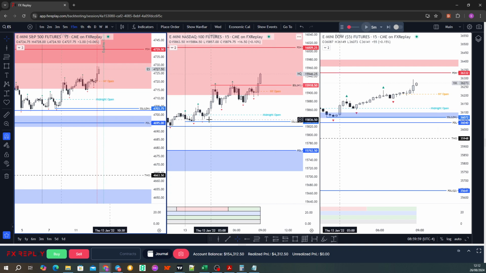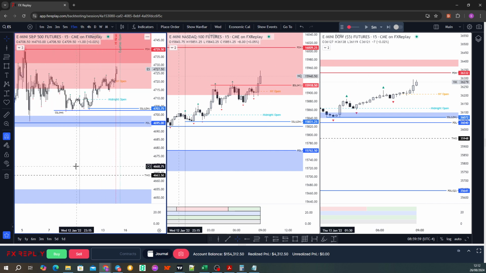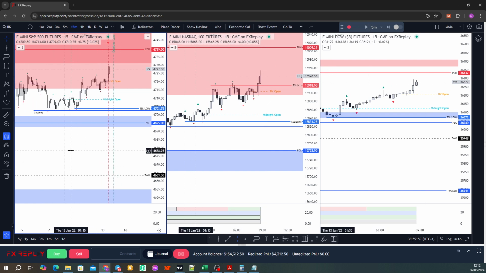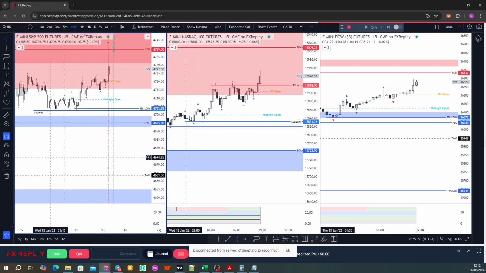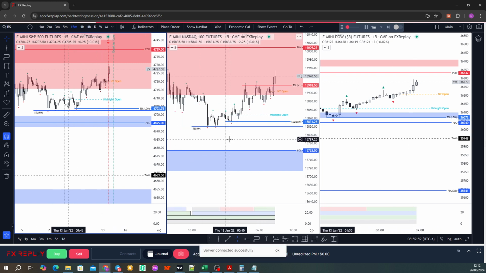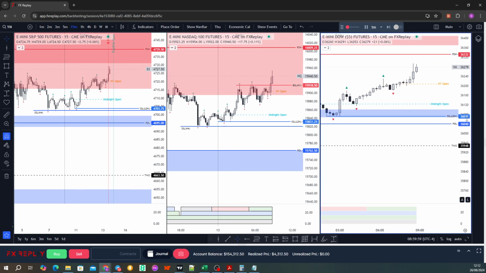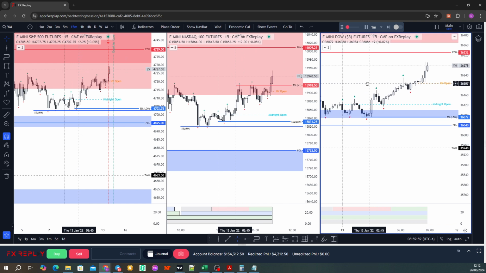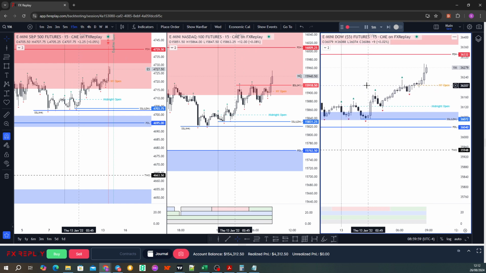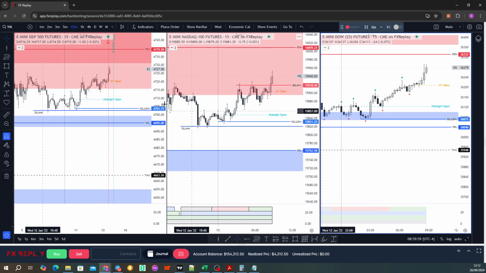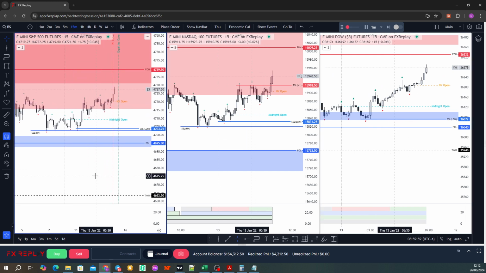Okay, I'm just going to pause it there. So certainly looking like higher prices right now. YM is in close proximity to its high, and yeah, to some extent ES.